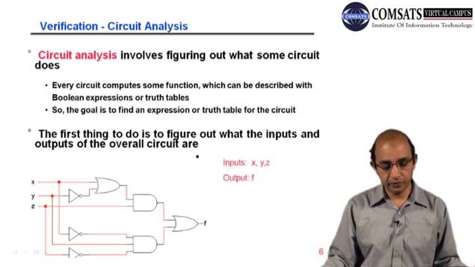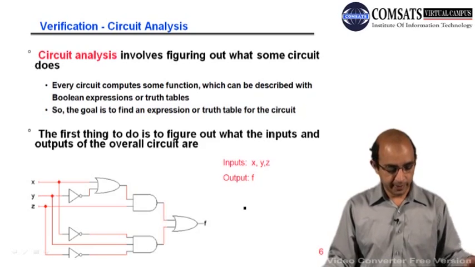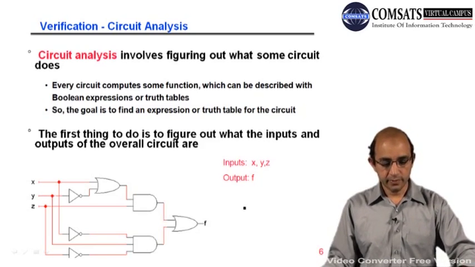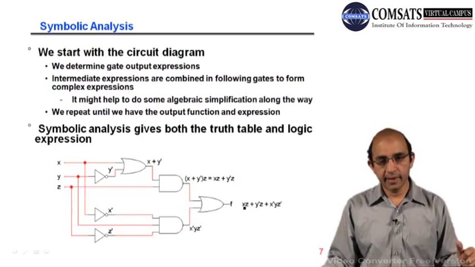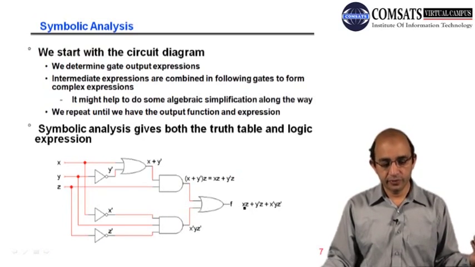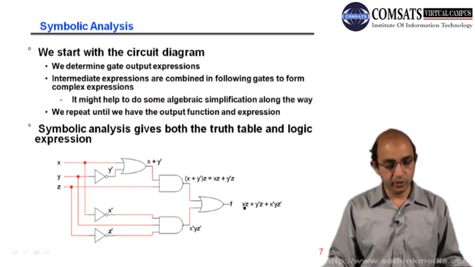So here if you look at this circuit, we have 3 different inputs, and we have one output that is tagged as F. So first step, we have to find out the number of inputs and the number of outputs. And then we have to perform some symbolic analysis.